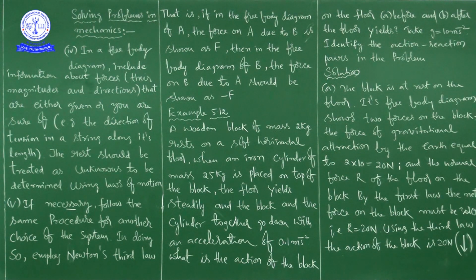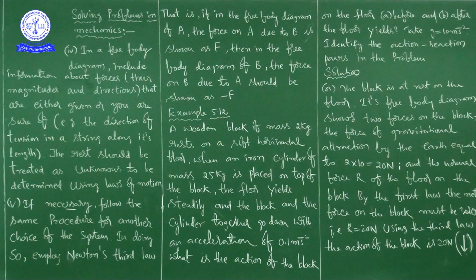If already they have given, okay, otherwise based on the situation we have to decide. Next, in the fifth step, we are going to apply Newton's third law of motion, which is also part of the laws of motion. So after completion of the 5 steps, when you solve the problem, definitely we have to use the laws of motion: Newton's second law, Newton's third law and Newton's first law also.